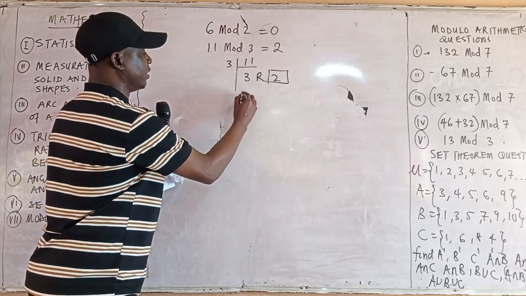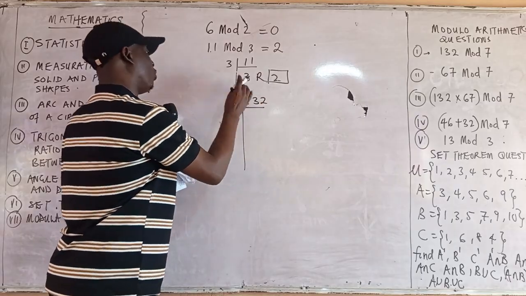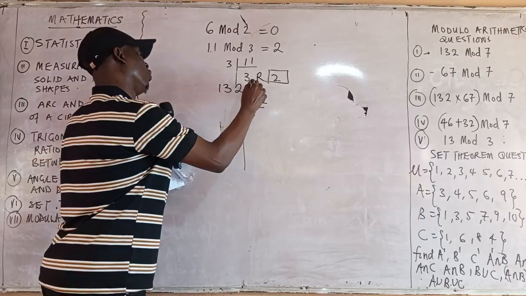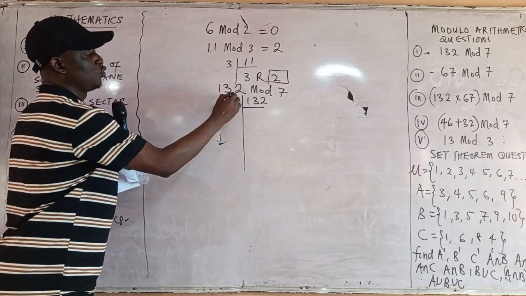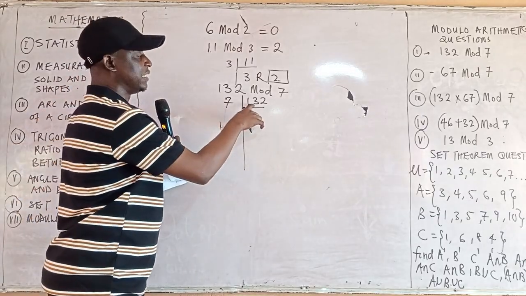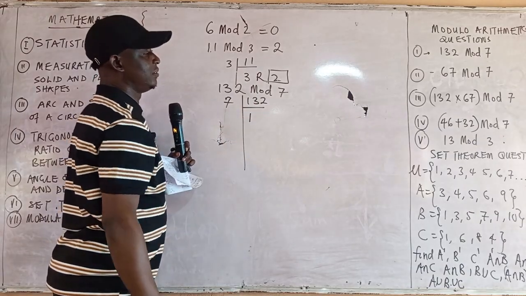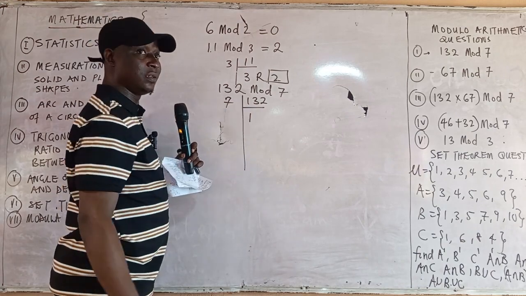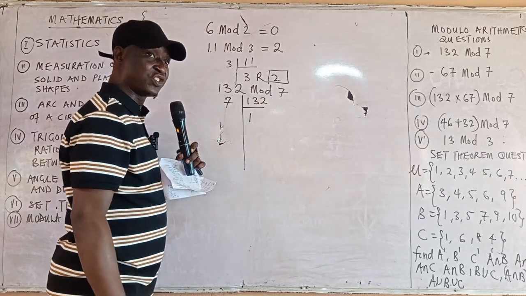Now let's go with 132. We want to find 132 mod 7. Now you go with 7. How many 7s can go in 132? We are going to have 1, remainder 6. Put it beside 2, which gives 62.